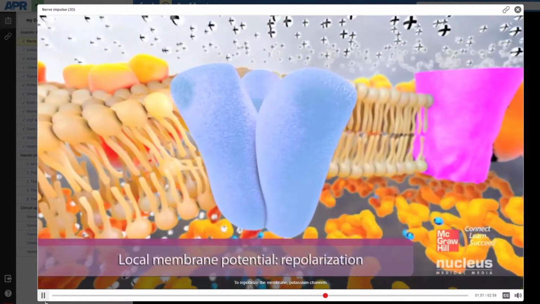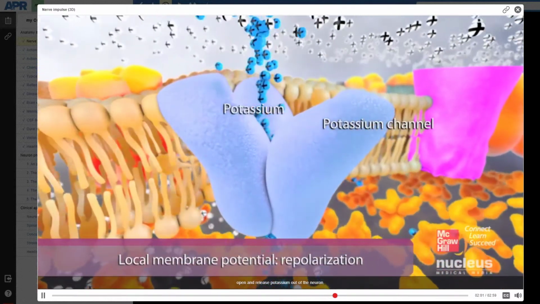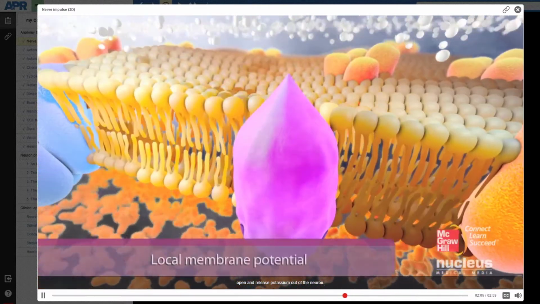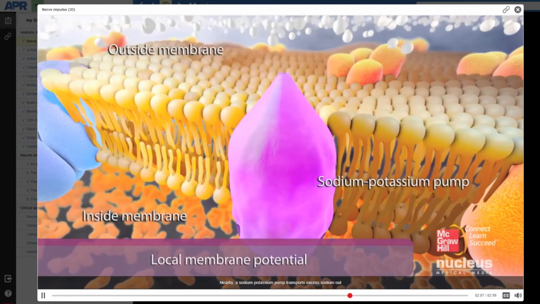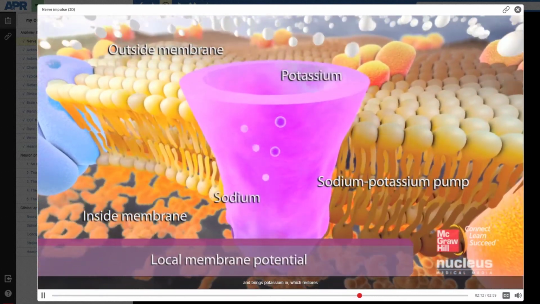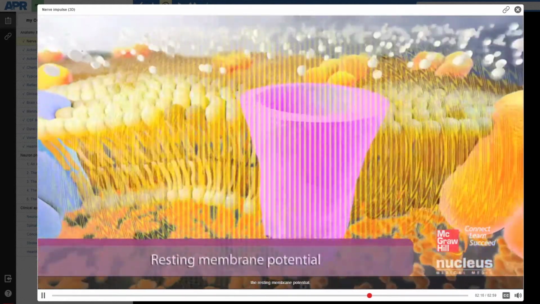To repolarize the membrane, potassium channels open and release potassium out of the neuron. Nearby, a sodium-potassium pump transports excess sodium out and brings potassium in, which restores the resting membrane potential.